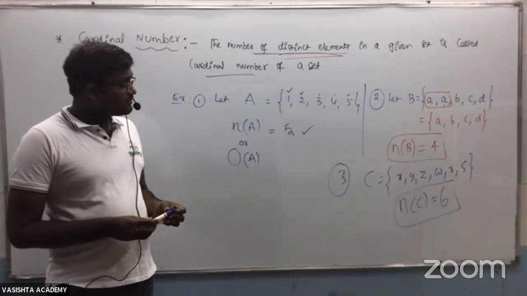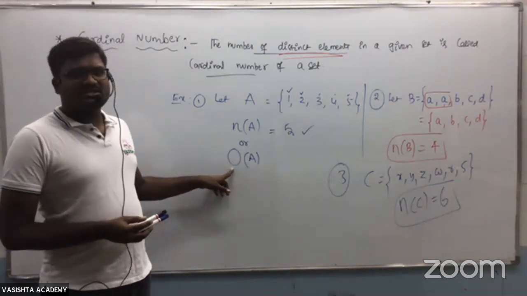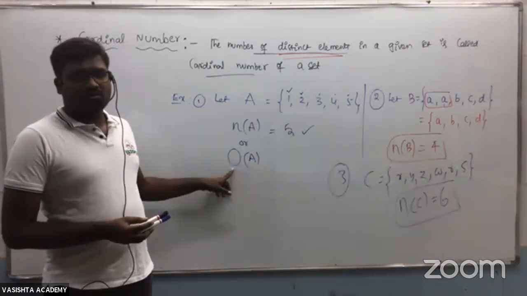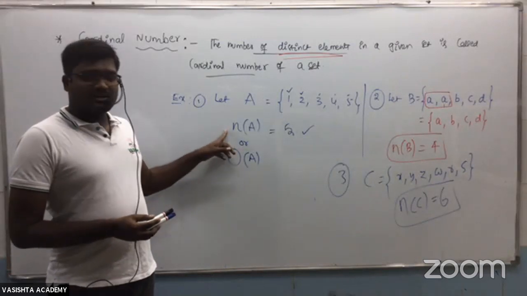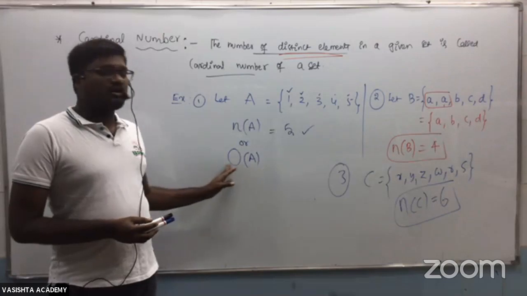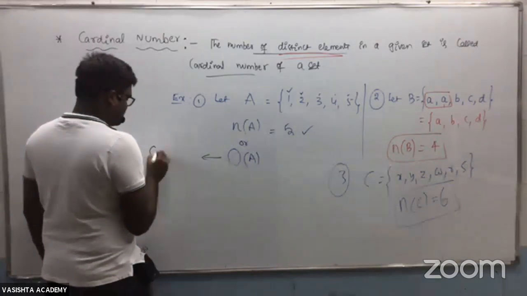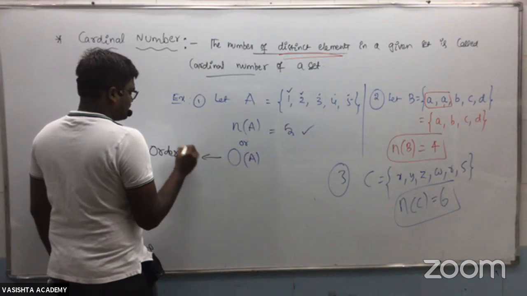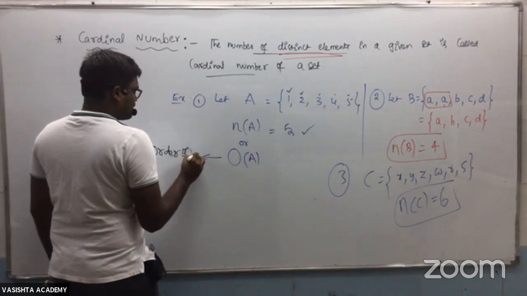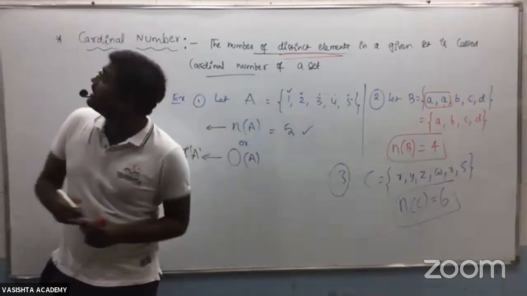This is not 0, this is O. I already told you, n of A. This is just a representation. O of A is like order of A. Please make a note of it. This is like order of set A. This is number of elements of set A.